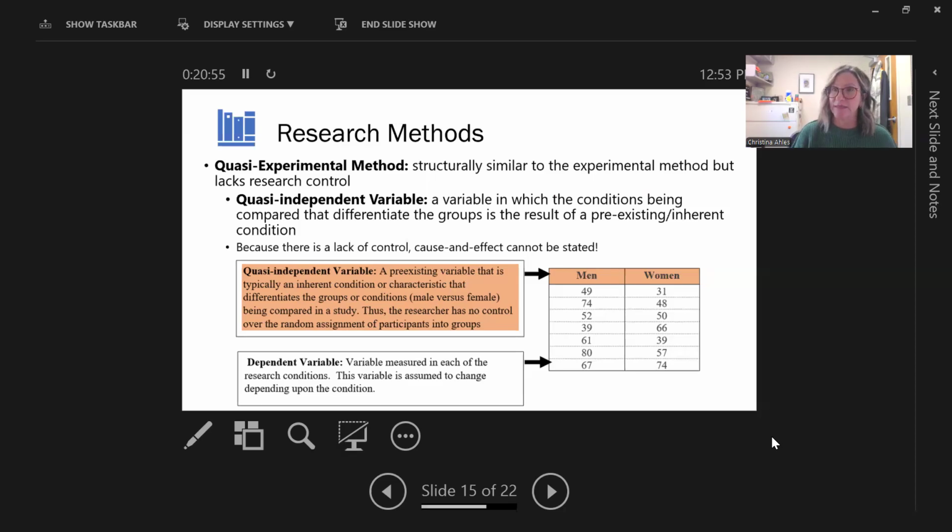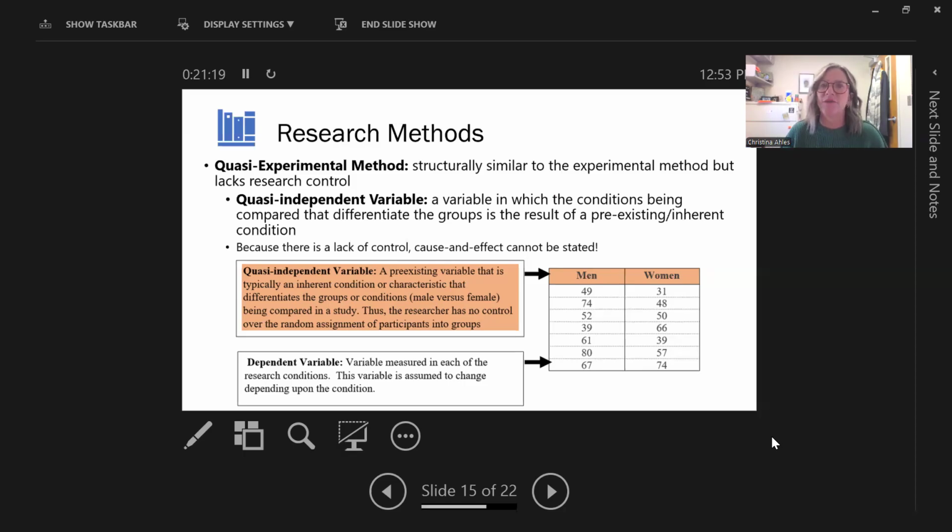And that means the conditions or the groups that differentiate those conditions are the result of some pre-existing condition or an inherent condition that the researcher has no control of. And because there's a lack of control, we cannot state cause and effect.